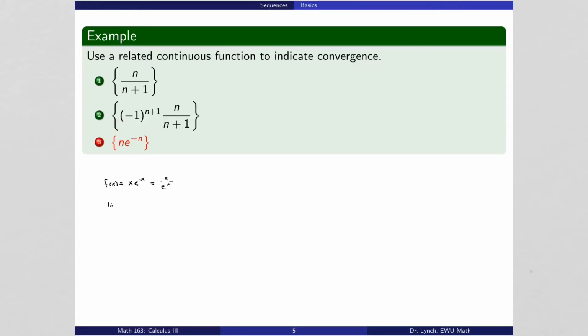Then we know that the limit as x goes to infinity of this function, x over e to the x, by the beauty of L'Hopital's rule, is 0. So we can say that our sequence converges with limit 0.